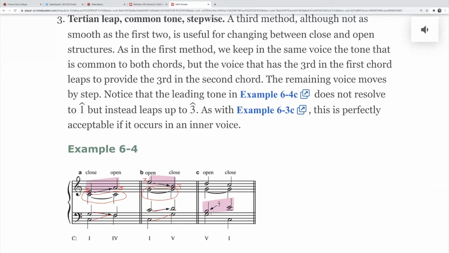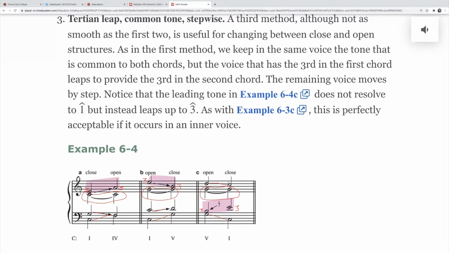And in C, we move down a fifth. The third of this note is the B. It moves to the third of this note, which is the E. We have our common tone in the alto, and soprano moves by step. Questions on way number 3?